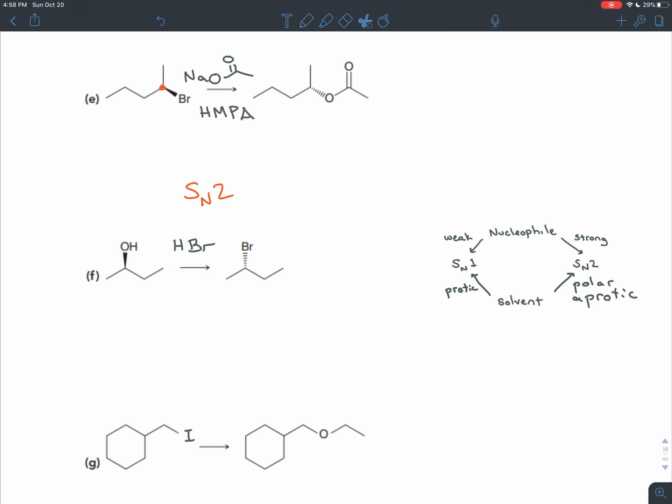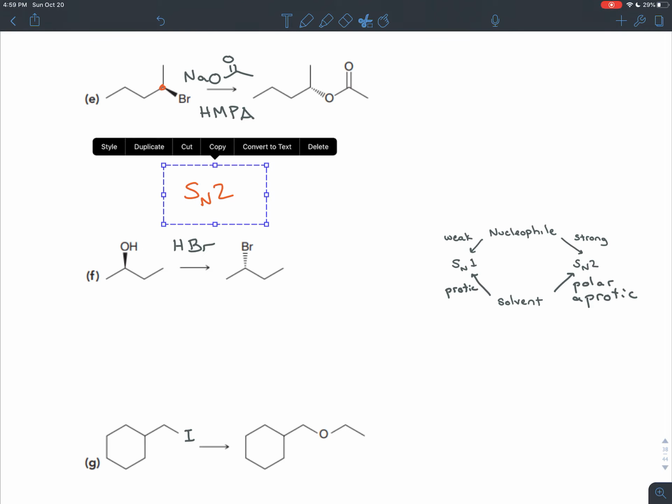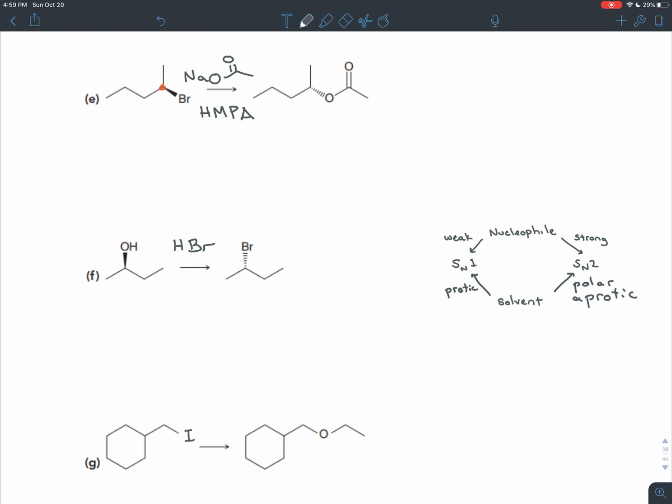Because there's some ambiguity about the mechanism, you could probably get this done either way. It definitely would be cleaner as an SN2 mechanism, and if you used a polar aprotic solvent like DMF, but because you have such a bad leaving group, you don't even know if that'll work necessarily. So I wouldn't be strict about whatever solvent you chose here, but you do definitely have to add HBr.